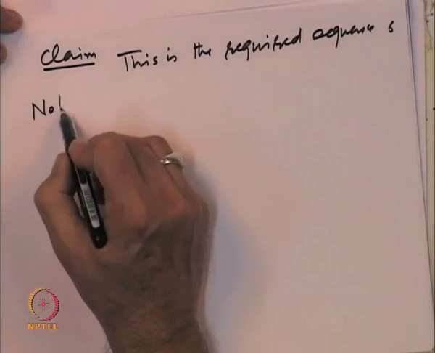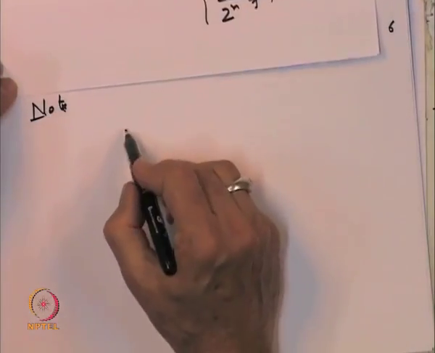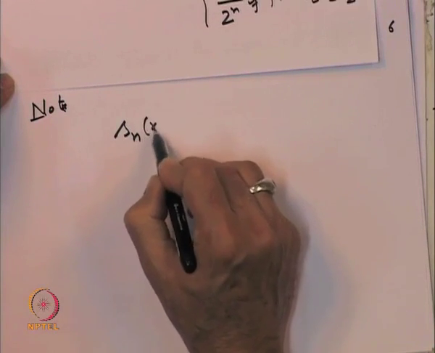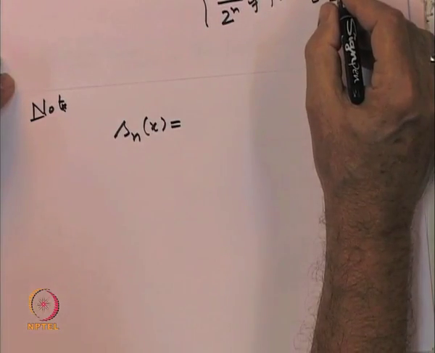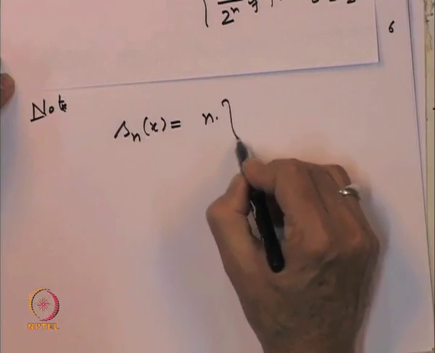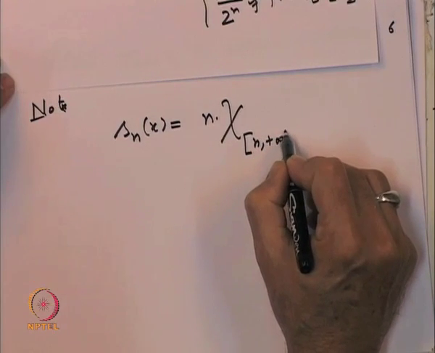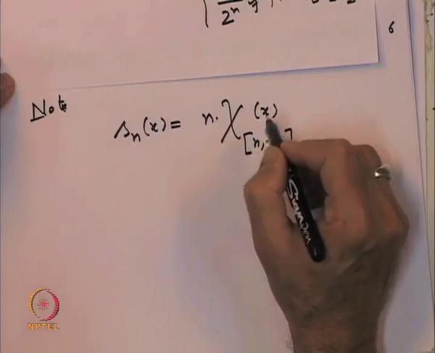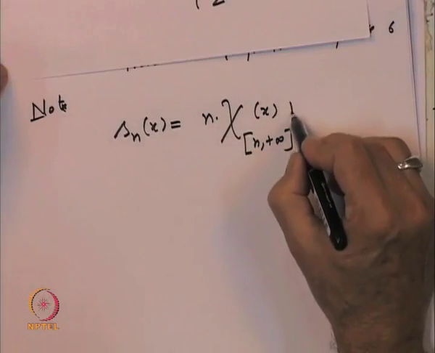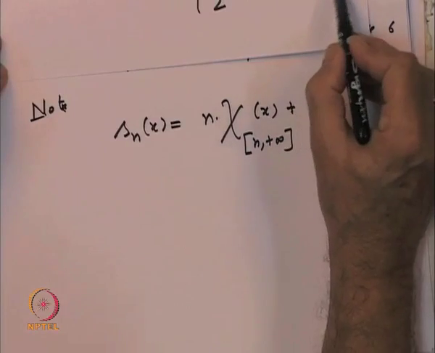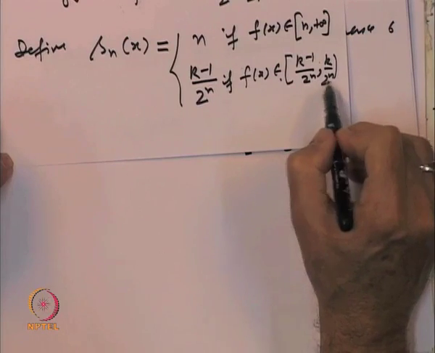So, let us first observe what S n is. S n is defined as this. I can write S n of x to be equal to n times the indicator function of the interval n to plus infinity of x. If the point belongs here, this number will be 1. So, the value will be n, plus, if it lies in the interval (k minus 1) by 2 to the power n to k by 2 to the power n, the value is this.